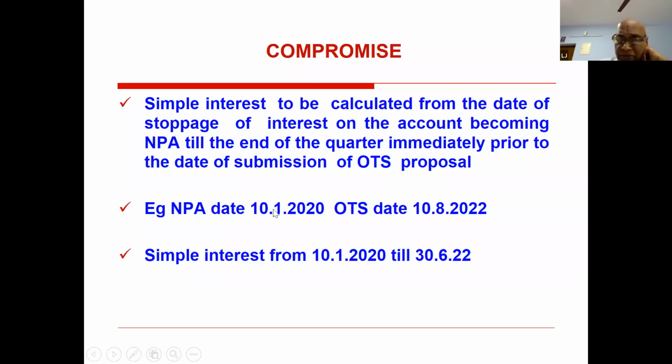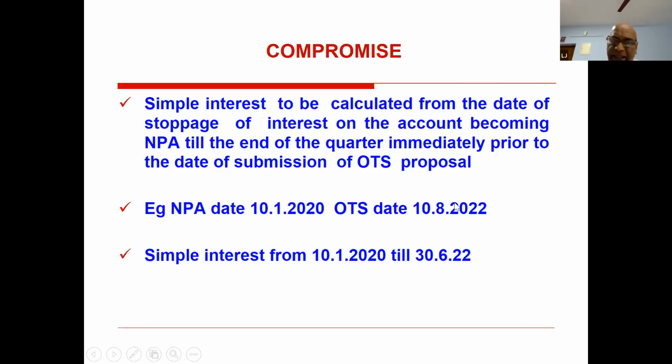For example, the NPA date is 10/10/2020 and the OTS date is 10/8/2022. So you have to recover simple interest from the borrower at MCLR plus 1.50 if it belongs to category A, or MCLR minus 0.50 if it belongs to the second category, from 10/1/2020, that is where the cessation of interest takes place and no more interest is debited to the account.